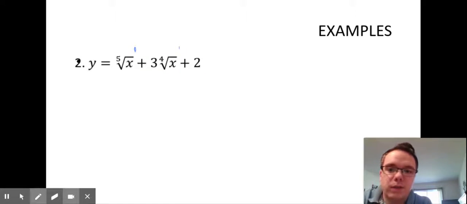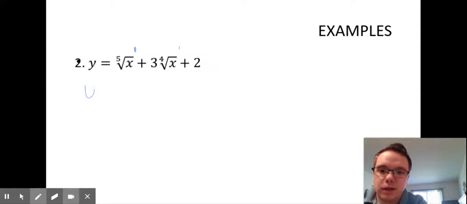So I have the 5th root of x plus 3 times the 4th root of x plus 2. To turn a root back into an exponent, you write what's under the radical, so we have x, and then it's always to the number outside over the index of our radical. So 1/5.